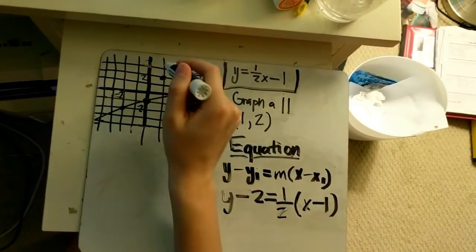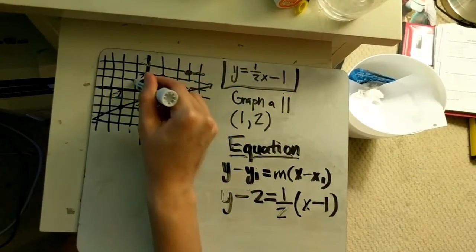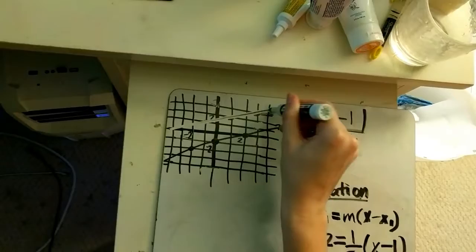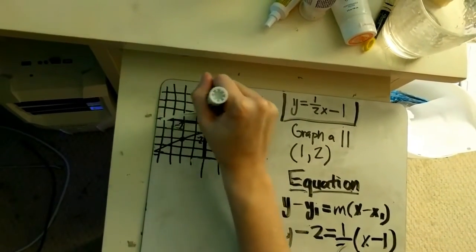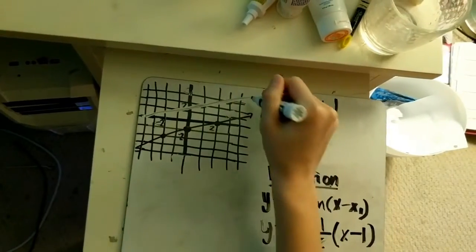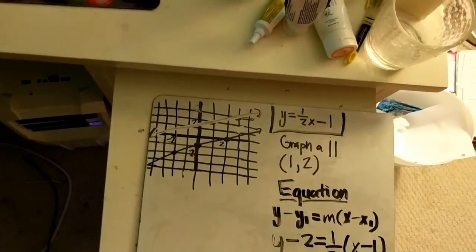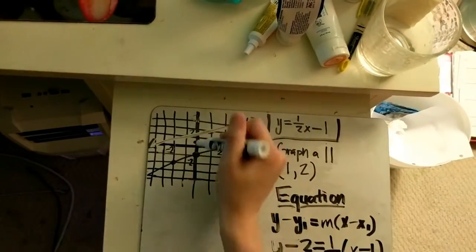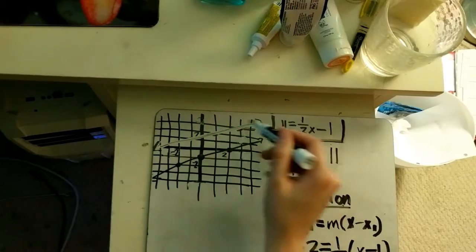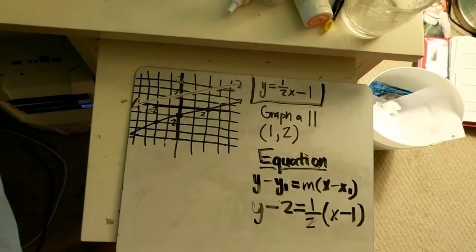Our third point will be going down 1 and over 2. Then we would draw our line. As you can see, it's parallel. And how we did this is we used the rise over run method. So we went up 1 and over 2 and down 1 and over 2 to get our points.